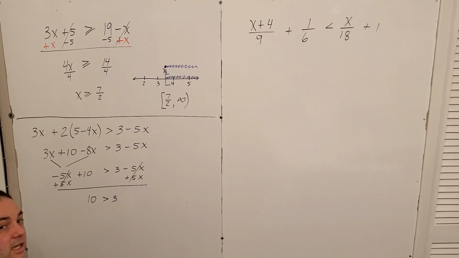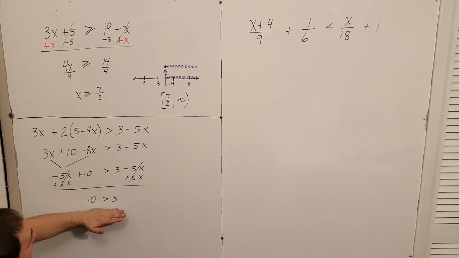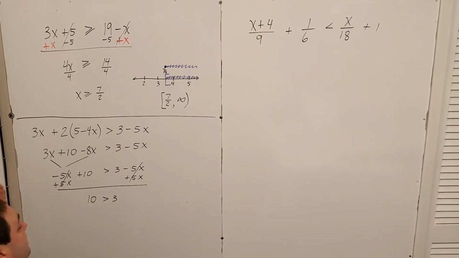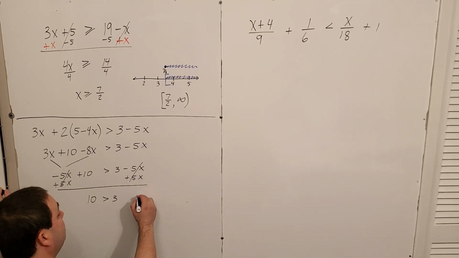Well, we've run into this kind of situation back with linear solving, remember? We talked about what happens when all of your variables go away. You need to evaluate the resulting statement. In this case, the statement is 10 is greater than 3, which is true. 10 is further right than 3.